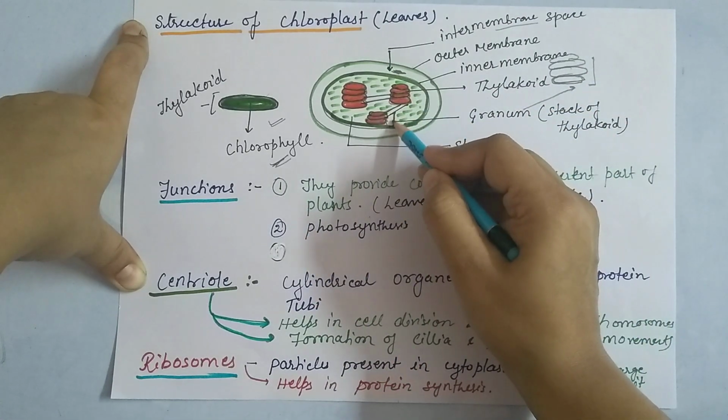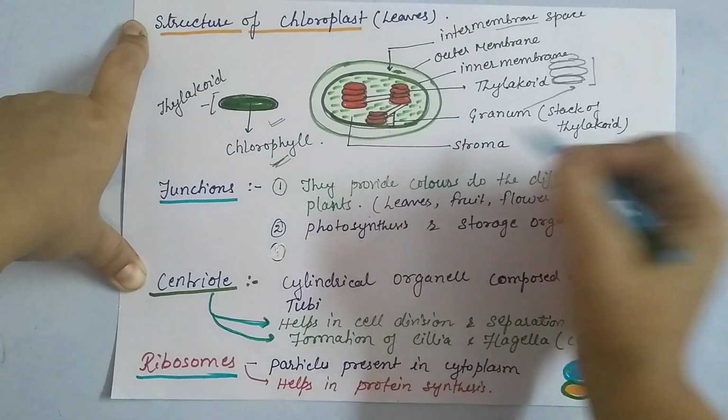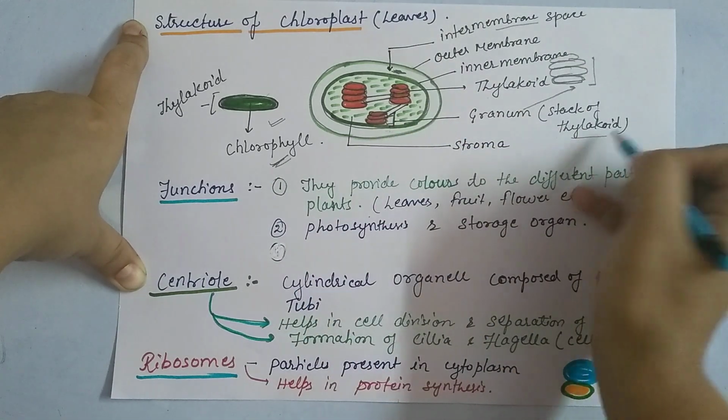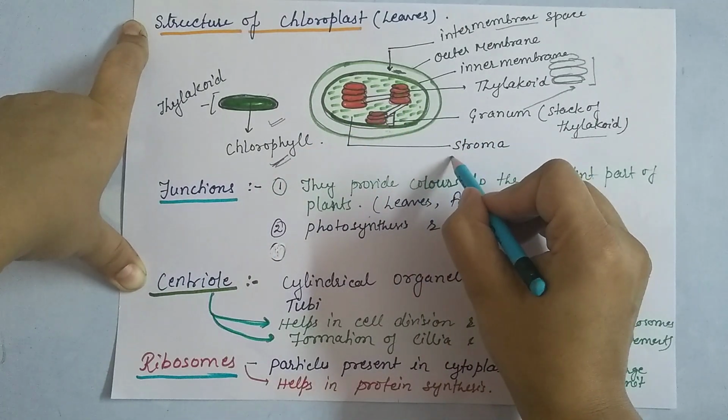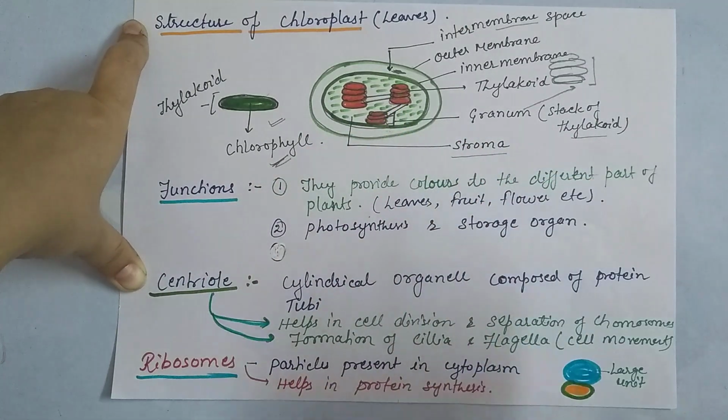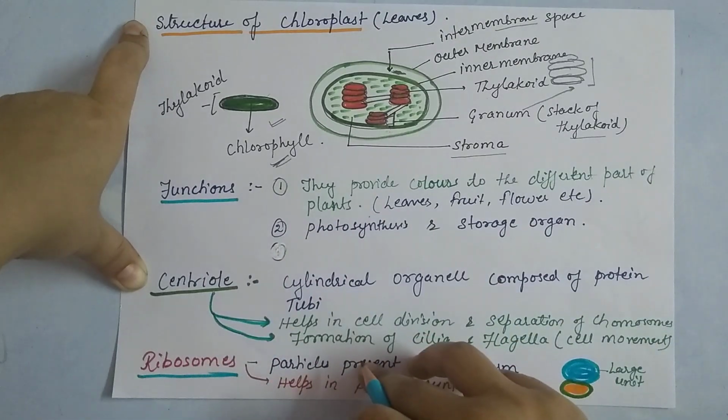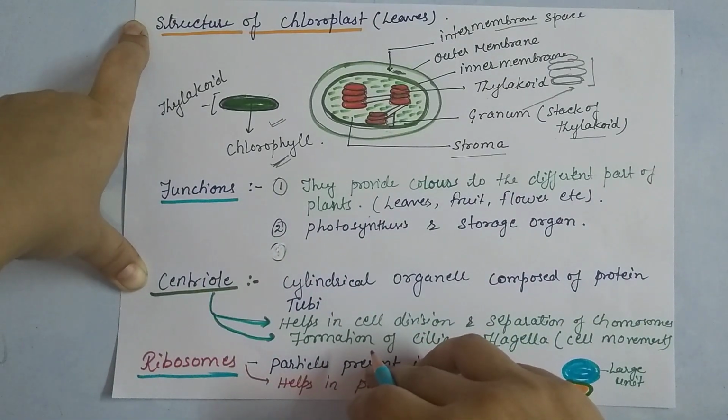So this whole part is known as granum, a stack of thylakoids, and in between there is a fluid structure called stroma. So this is the basic structure of chloroplast.